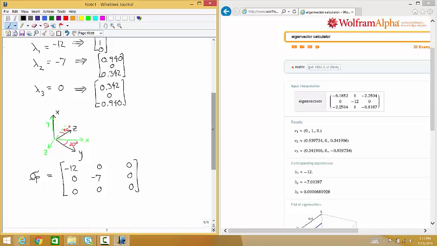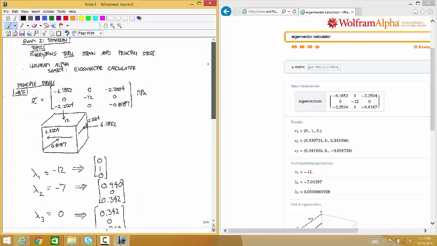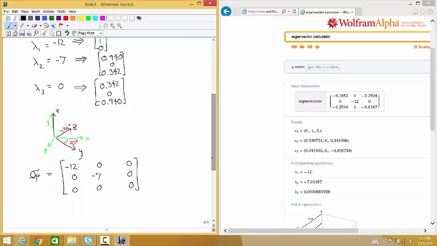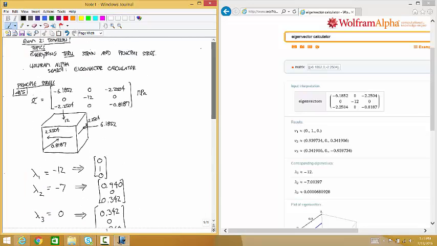Okay, so here's a brain teaser. How did I get so lucky when I made up that crazy matrix that I came up with -12, -7, and 0 as my eigenvalues? How did I come up with that first stress tensor that gave round numbers?